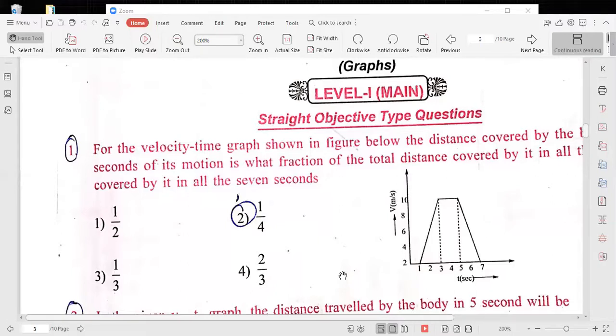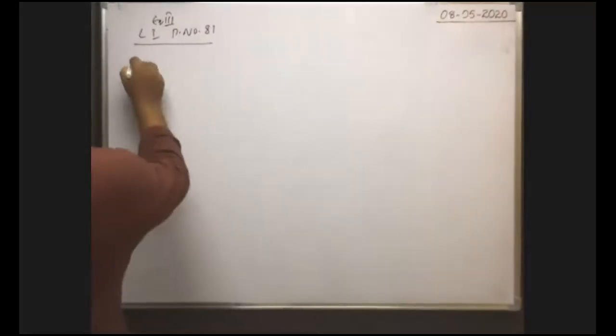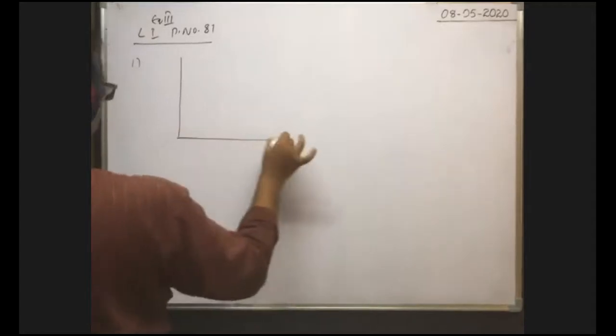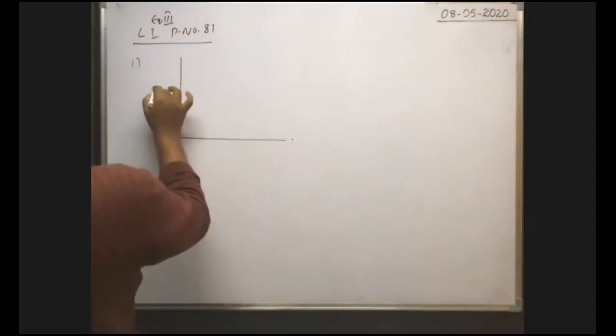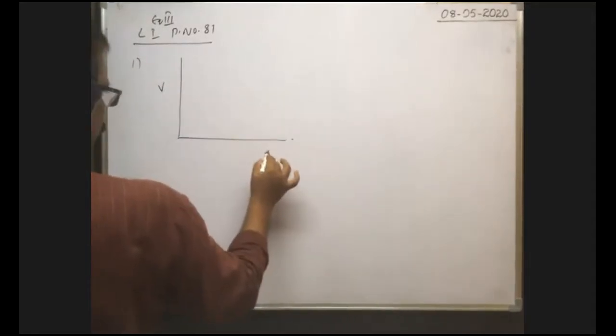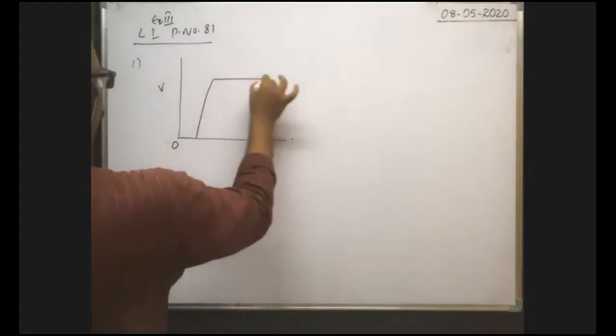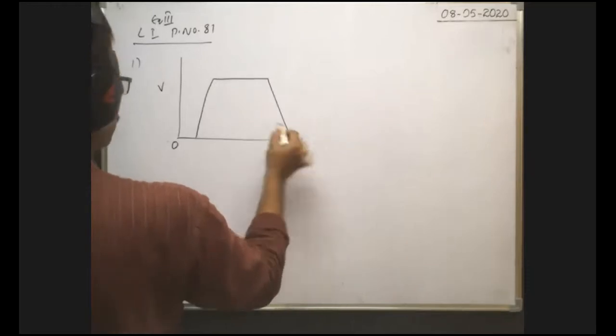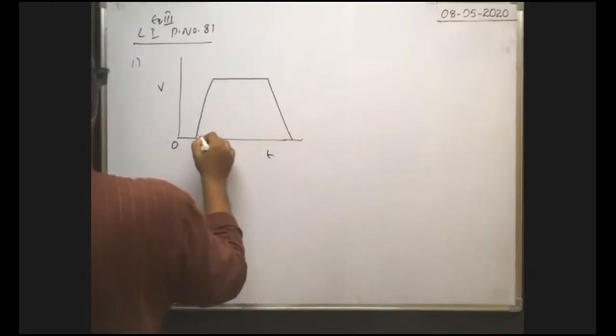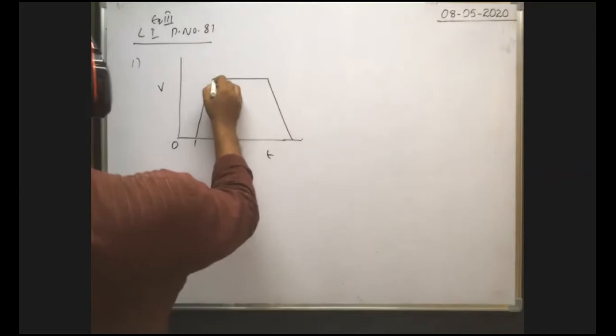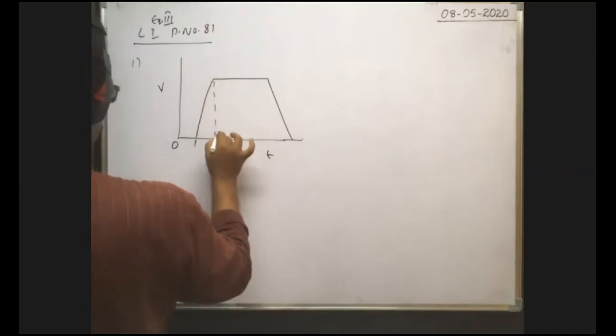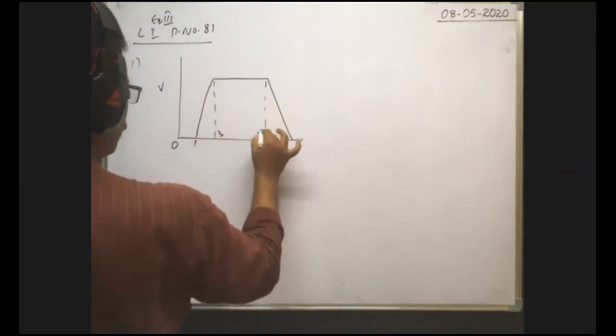Okay, now we come to the problem. Now you see, here the velocity time graph is given like this. These are simple problems. At t is equal to 1 second, here time is 3 seconds, here time is 5 seconds, here time is 7 seconds.